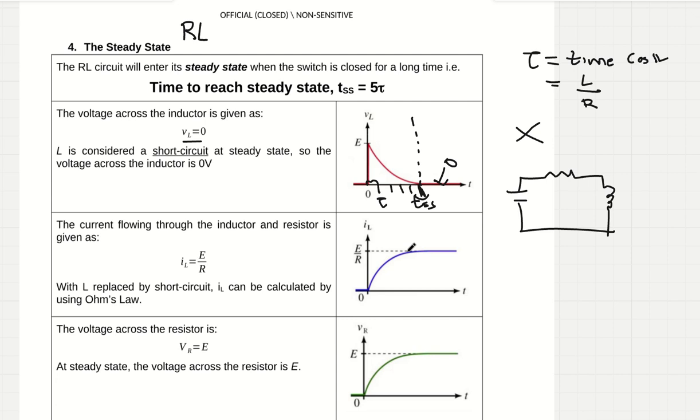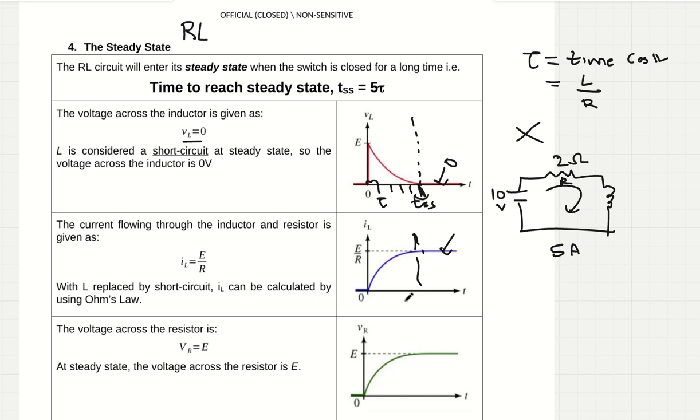The current through the inductor at steady state, you can see here, is E over R, where E is the source. If this is 10 volts and this is 2 ohms, then the current at steady state will be basic Ohm's law, 10 over 2, which is 5 amperes.